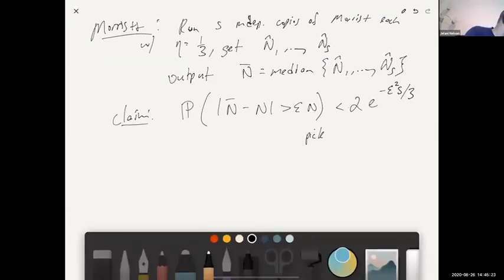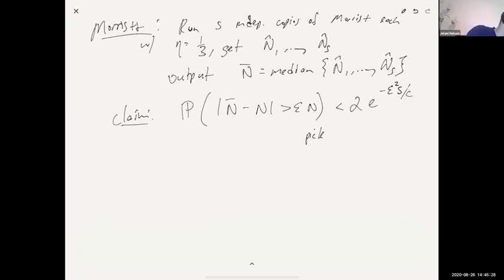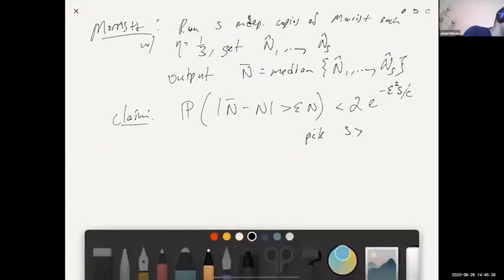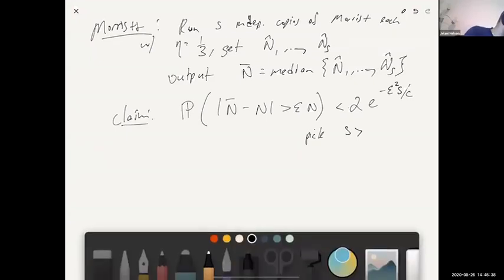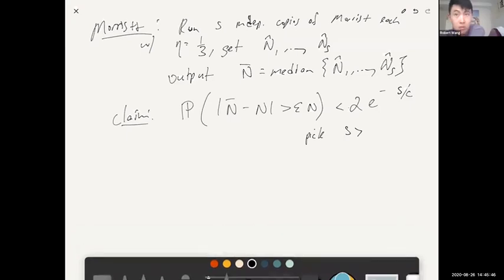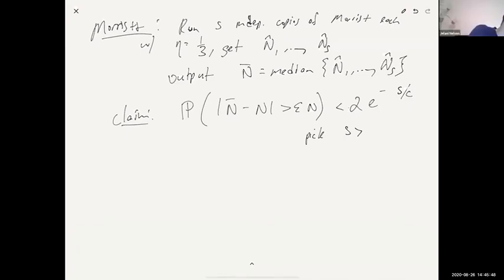There's some constant here, we can figure it out later. So you can pick s to be at least some constant times ln of 1 over delta, or 2 over delta. And then this will be less than delta.